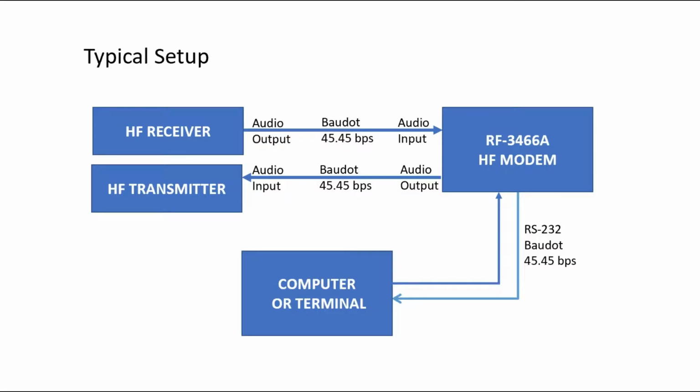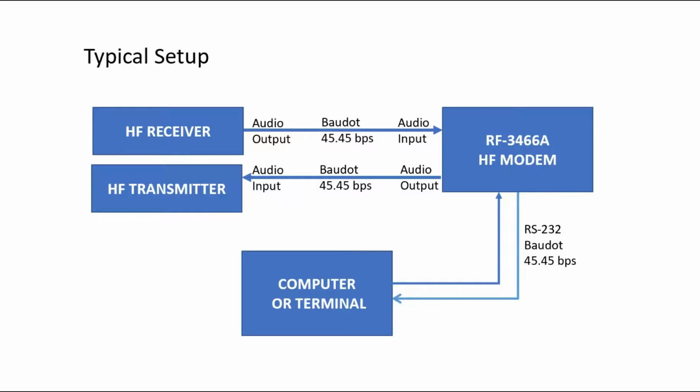Okay, so this diagram shows a typical setup where you have an HF receiver that is outputting the FSK audio tones to the audio input of the Harris modem. And this audio signal is representative of Baudot code and 45.45 baud.